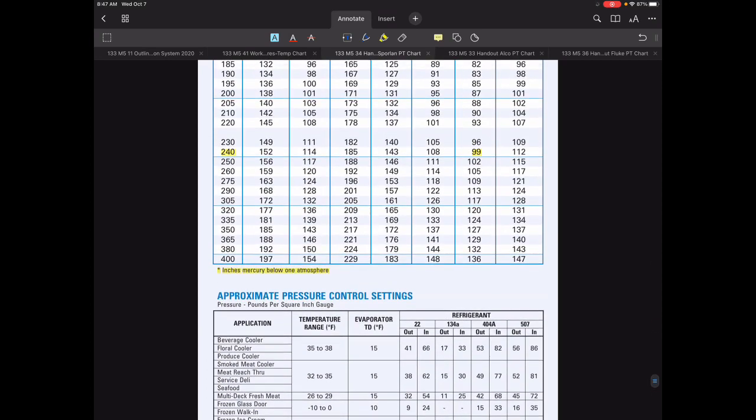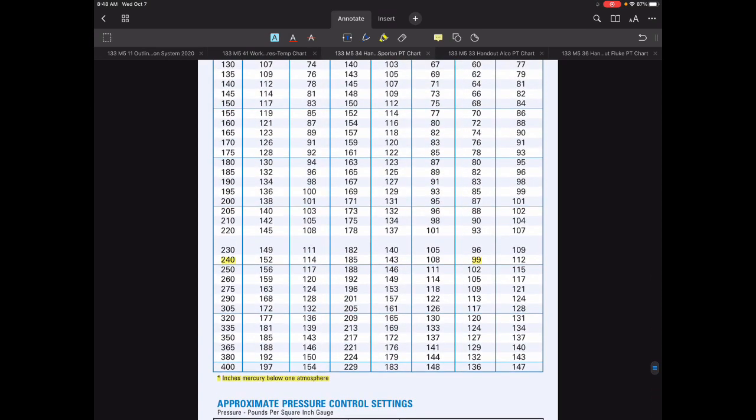So R22, 105 degrees. On this particular row or column, we have R22 listed at 210 psi for the 105 degree saturation temperature.